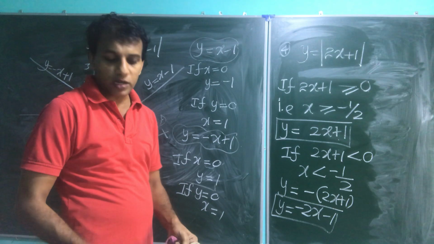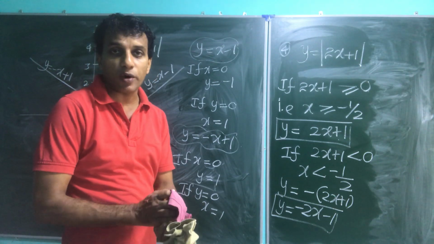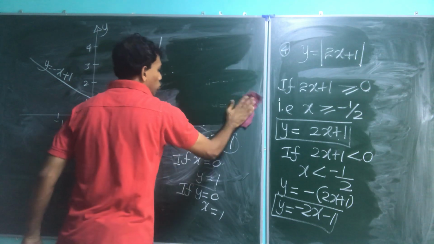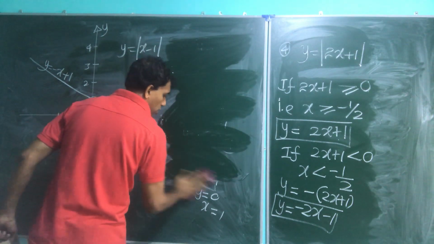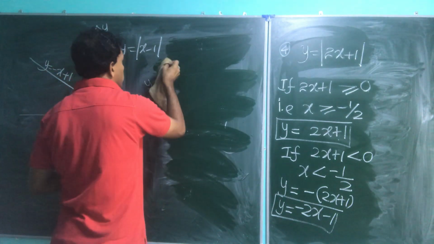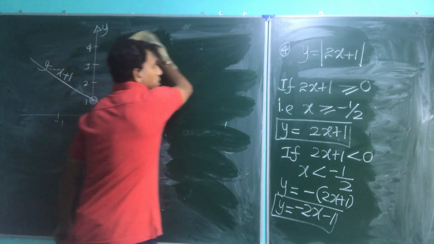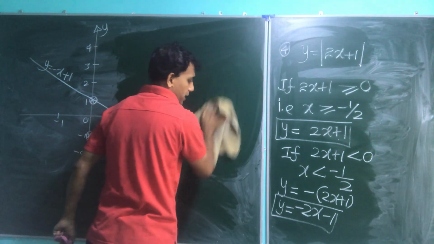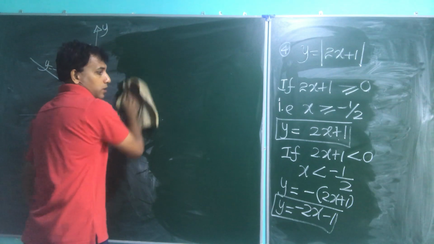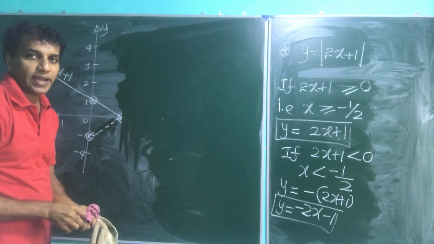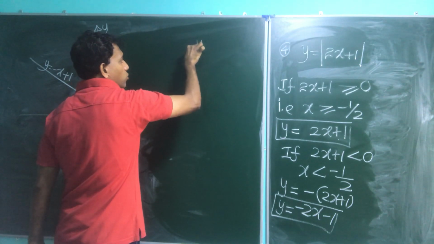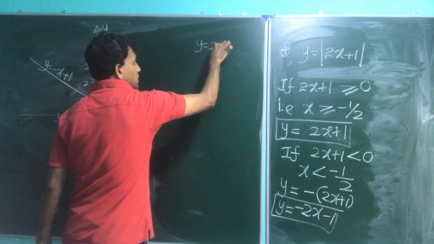Then hereafter, use your simple O-level knowledge to draw the straight line graphs and complete the answer. Check with your solution, if you worked with your own knowledge, how the graphs look. So always follow the modulus properties, then it becomes simple, right? To draw the straight line, you can find a couple of points. y equals 2x plus 1.